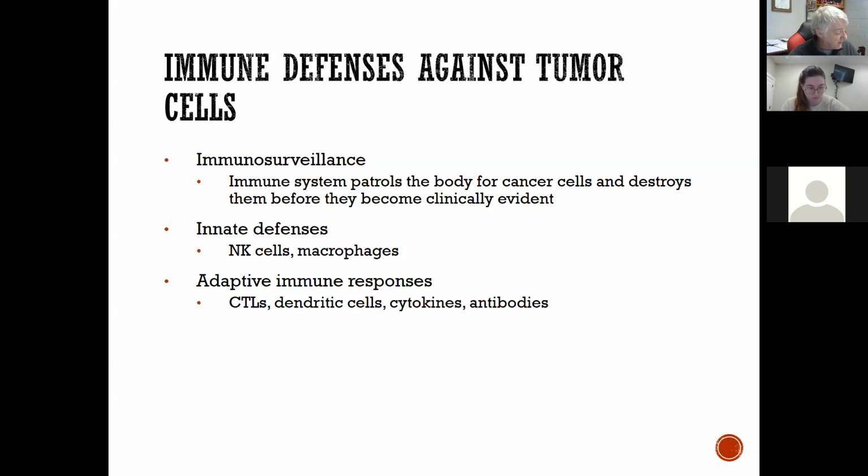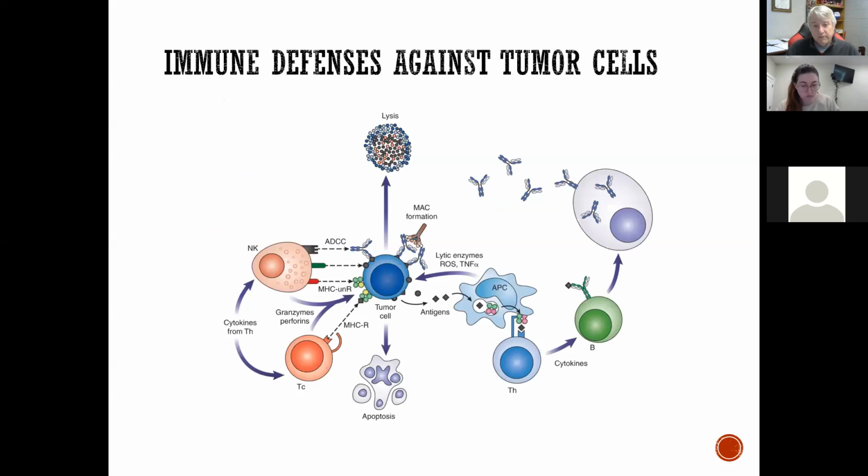So a protective mechanism. And then we have our immune defenses against tumor cells. Looking at page 294, you have this big picture from your book.